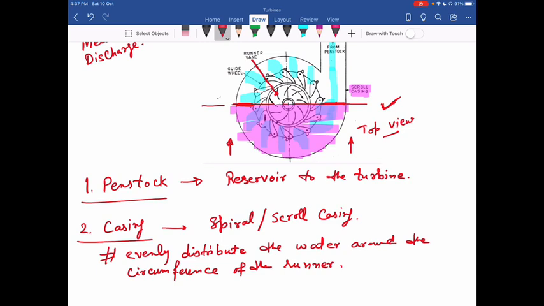Okay, now how does this evenly distribute the discharge? You can see, if I rub this all.